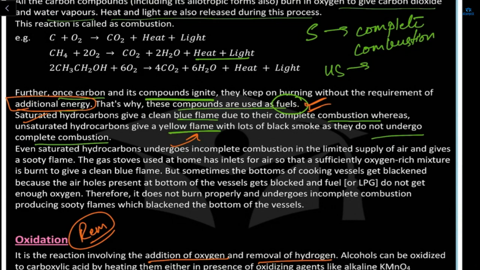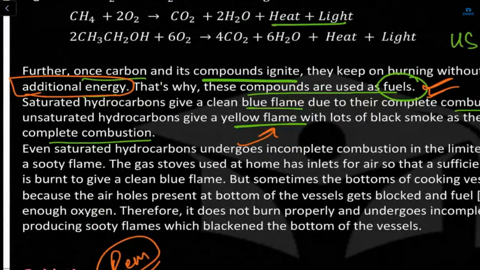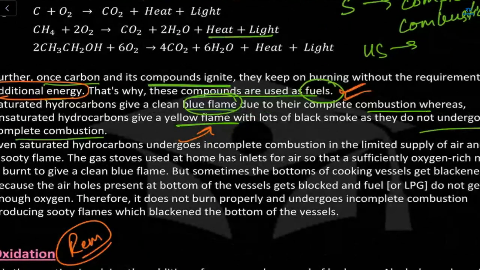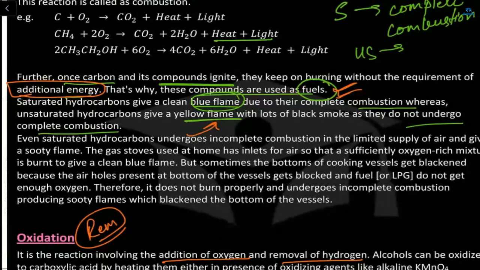So there are two types: saturated hydrocarbons and unsaturated hydrocarbons. What is a saturated hydrocarbon? When we heat it, it will give us a blue flame, and it will go into a complete combustion process. But the unsaturated compound will give you a yellow flame, as it does not go into complete combustion.